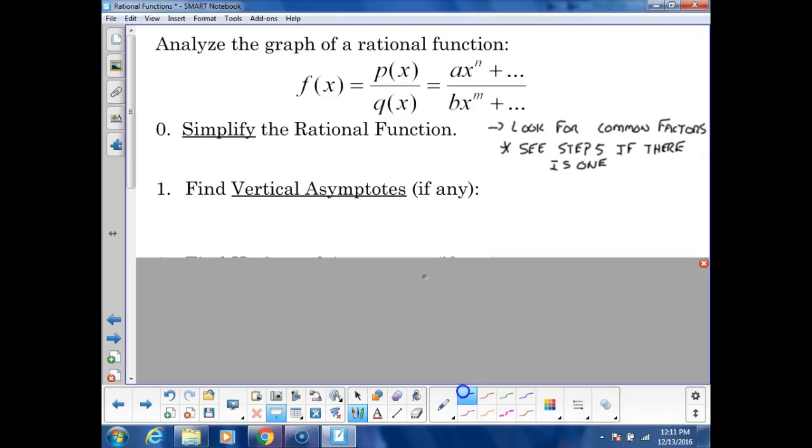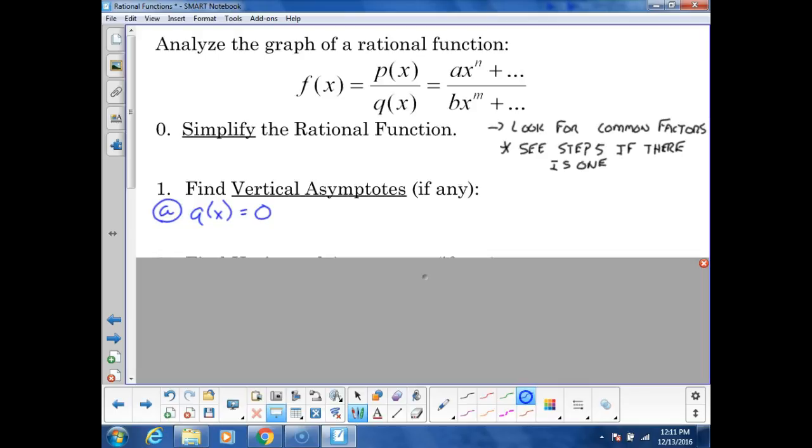Okay? So, how do I go about finding any vertical asymptotes? Set the bottom equal to 0. Not x equals 0. Bottom equals 0. Set the denominator equal to 0. So, we want to set q of x equal to 0.